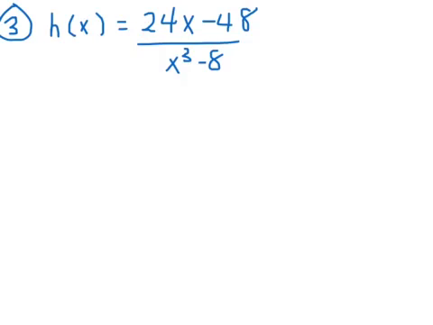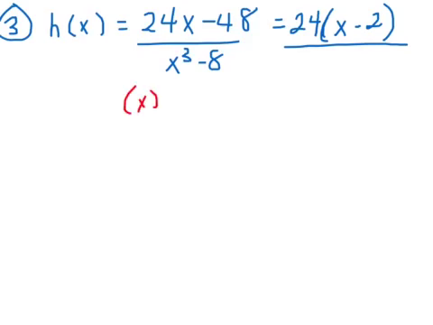Let's see, okay? First thing I've got to do, and it tells me to do this, is factor the numerator and the denominator. Won't 24 divide out of both of the terms on top? So that would be 24 times x minus 2, right? If I factor the top, there's a GCF there, but nothing else going on. Now on the bottom I have a cube, and if you remember how to factor a cube, I kind of have to think of it as something cubed, so it's x cubed minus 8, which is actually 2 cubed.